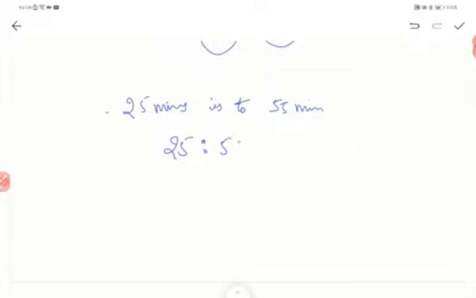Okay, see, I have a ratio like 25 minutes is to 55 minutes. If I have asked you to keep this in the simplest form, how will you do this? 25 is to 55. This ratio is not in its simplest form, isn't it?